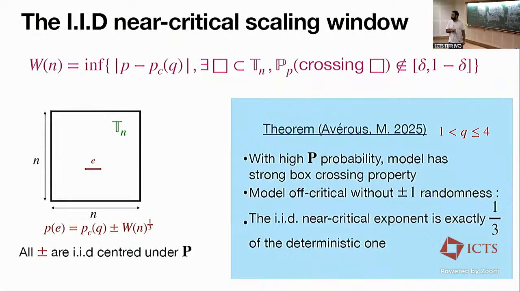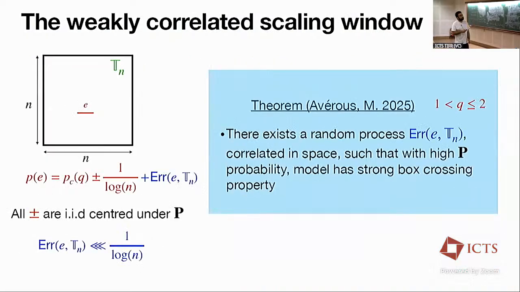Okay. Now there is a second model that we introduce, which has an even bigger critical window. It's something that we call the corrected model. So you can deviate with plus minus 1 up to order 1/log n. But then you have to put a correction which is not an independent correction.